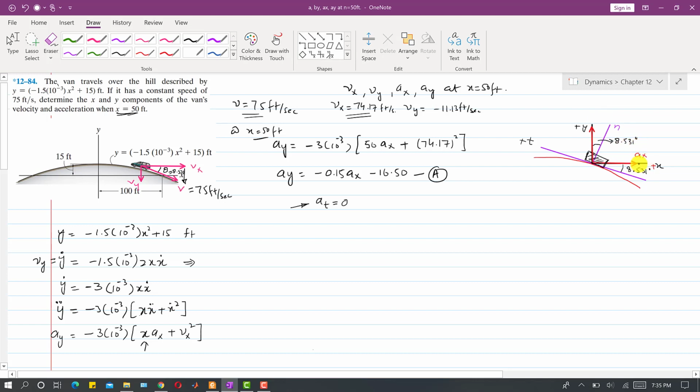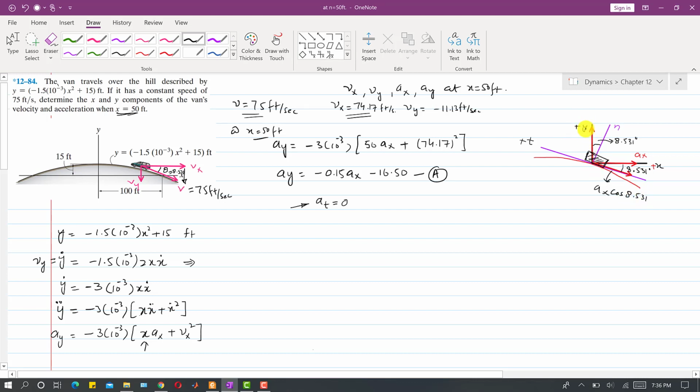So now if we find the components of this ax and this ay along the t-axis, the component of this ax along this t-axis will be this vector, right? So this is ax along t. So this vector will be ax cos of 8.531, right? So we can write that this red vector is ax cos of 8.531 degrees.